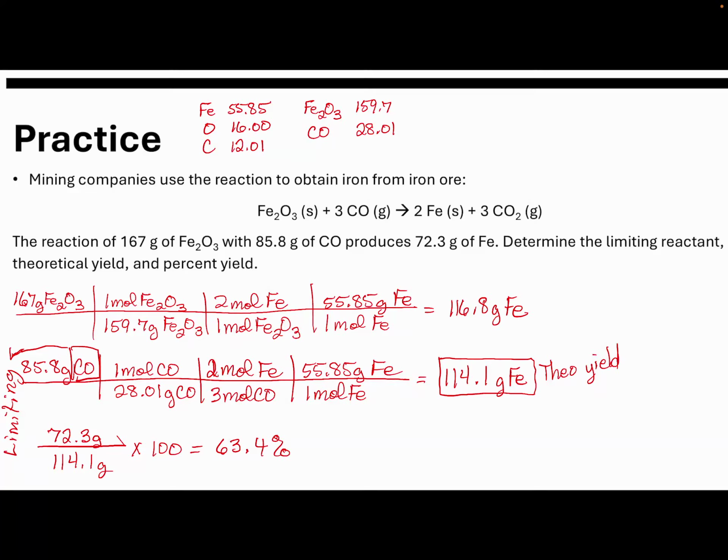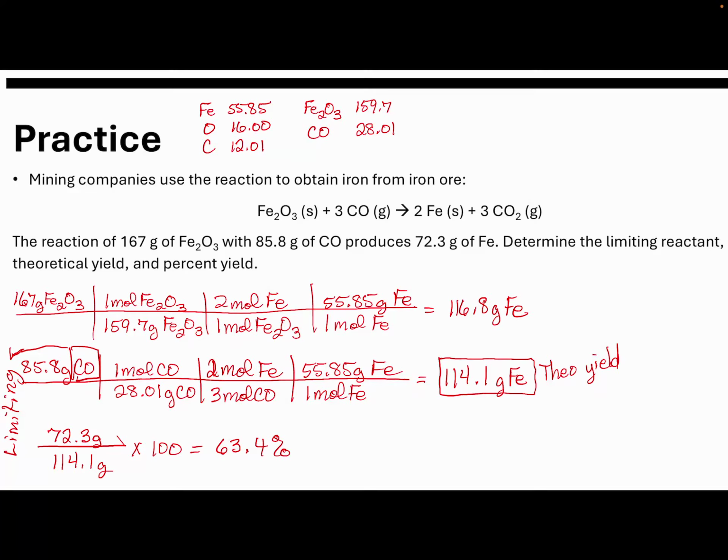So I converted the 167 grams of iron(III) oxide into iron by starting with the molar mass of iron(III) oxide. The molar mass allowed me to convert it into moles of iron(III) oxide. Once I had the moles of iron(III) oxide, I used the mole-to-mole ratio from the balanced chemical equation to convert that into moles of iron. And then I used the molar mass of iron to get it into mass of iron.